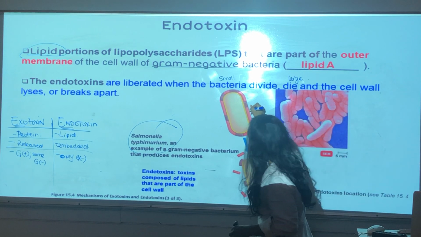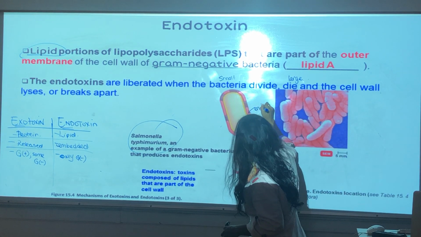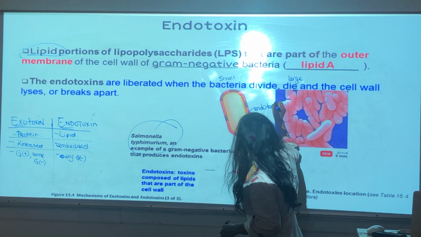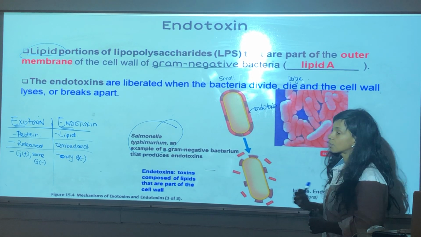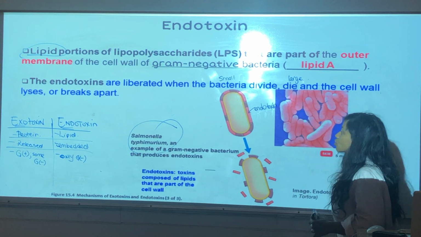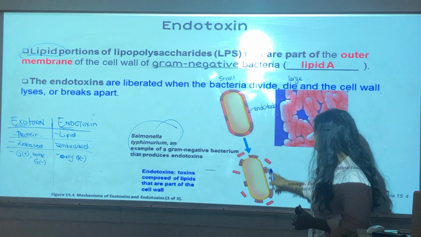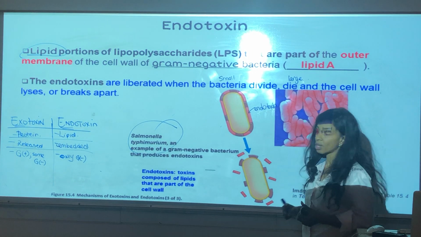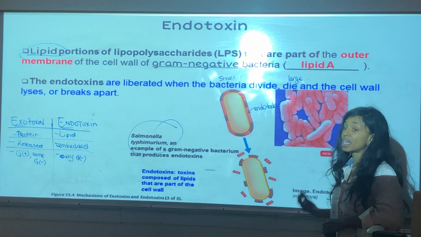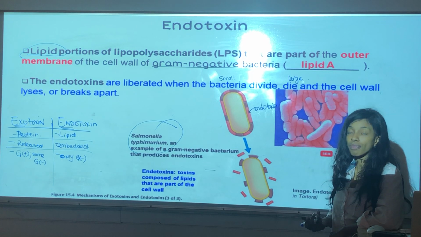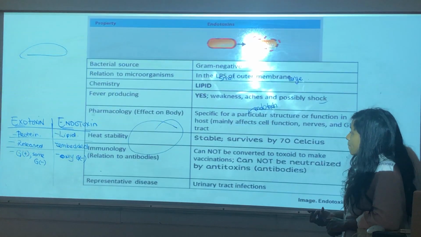These are going to be the endotoxins, and they will be released. Remember, a small amount is released as the organism is naturally dividing, but larger amounts when they die. Here go the endotoxins now, being released. Once they're released, they can have harmful effects on the host cell.